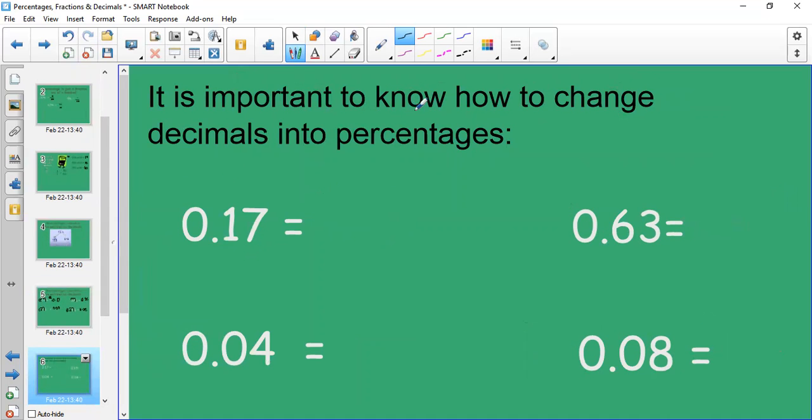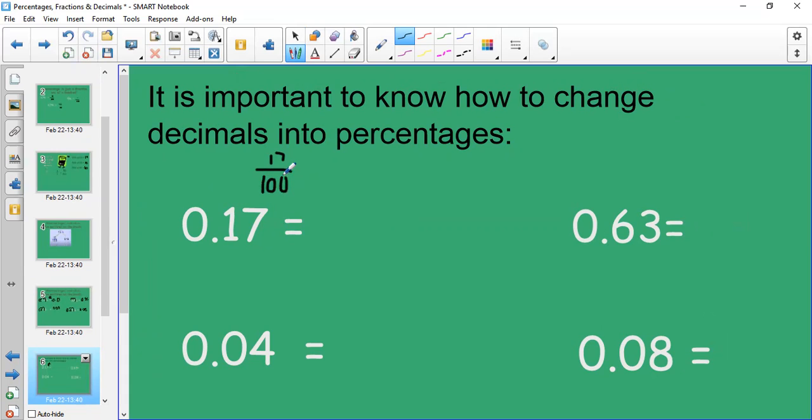It's important to also know that the questions in our activity sheets might ask us to change decimals back into percentages. So if you see 0.17, it's the same as saying 17 over 100, okay, as a fraction.